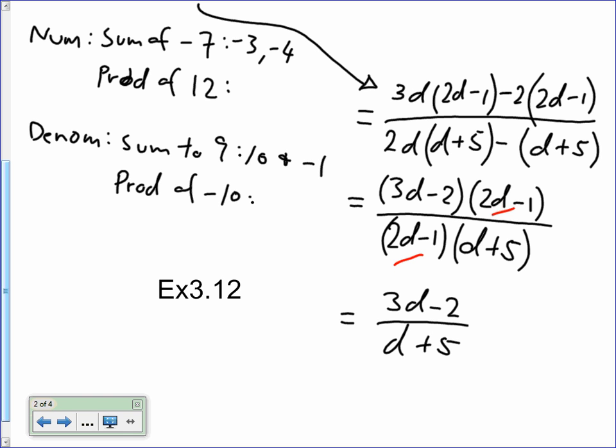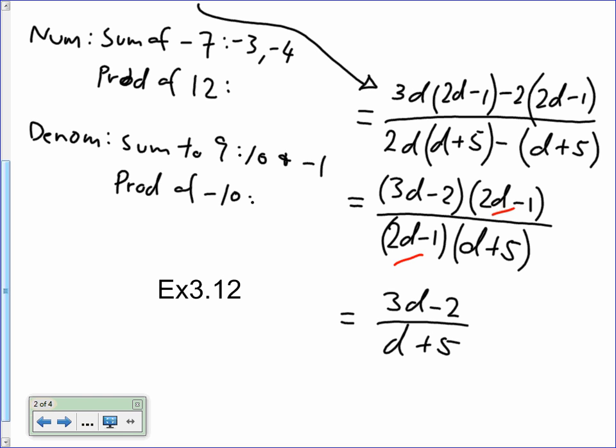Yes, Anne? In the second half step, how did you get this one to be like that? This one? Okay, if you look at the top, I've got 2d minus 1 as a common factor for both terms.